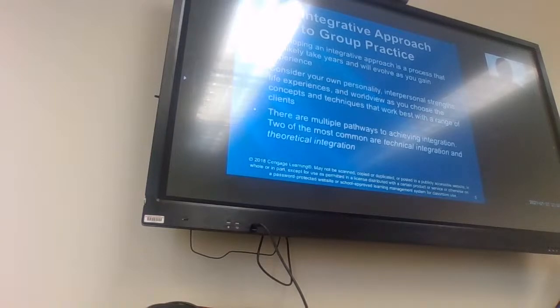So you're just taking certain thought work exercises from CBT, but not figuring out how that might work into a larger framework. When you talk about a theoretical integration, which is more of an eclectic approach, you come up with a new theoretical approach that's unique to yourself. And it blends and synthesizes the multiple orientations that you align with in a way that you can engage in successful and functional therapy.